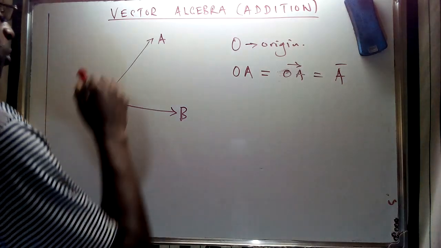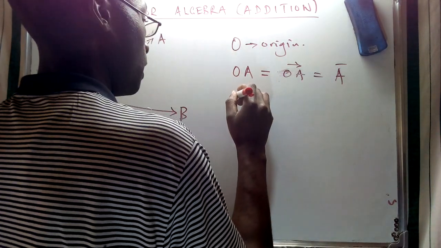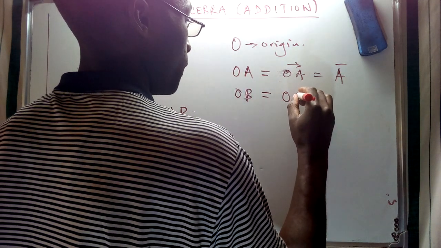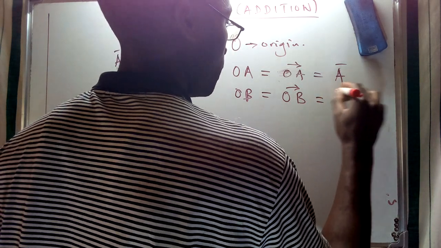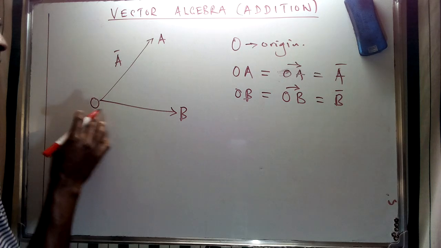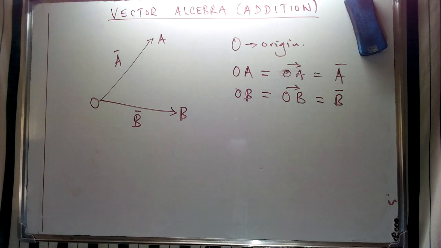Then we are going to have the line OB given as OB with an arrow, and this one can be given as B with a bar at the top. So the vector OB can be represented as B with a bar.